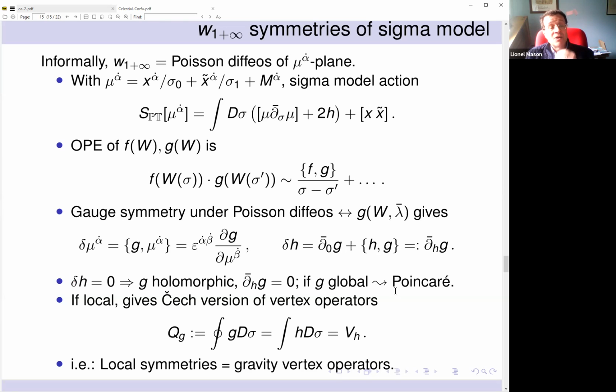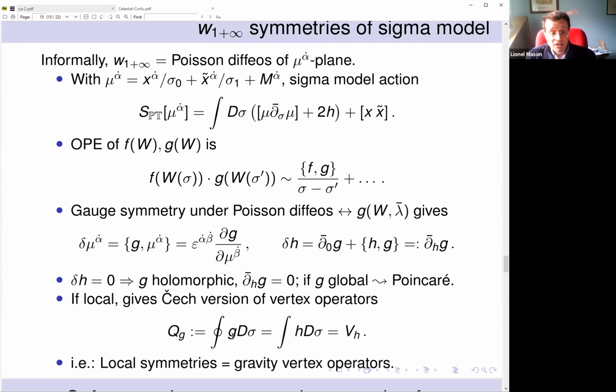But a weird thing happens if it's local. So if it's local, then G has singularities, fine, so it doesn't extend everywhere. But the charges for G, well, they can still exist. You can still do a contour integral of G on your holomorphic curve for this sigma model.